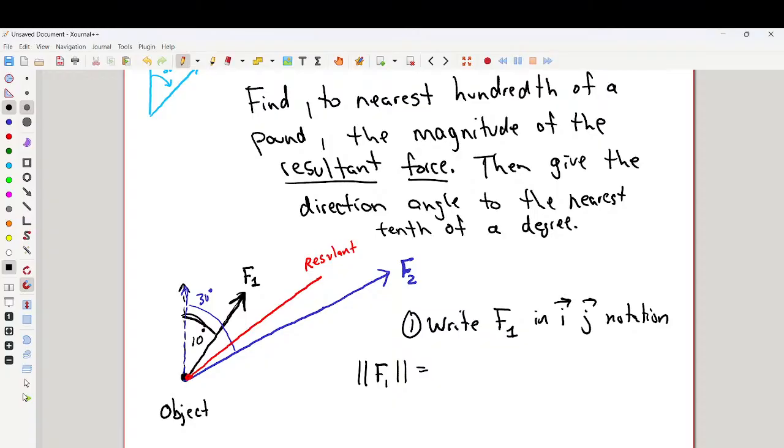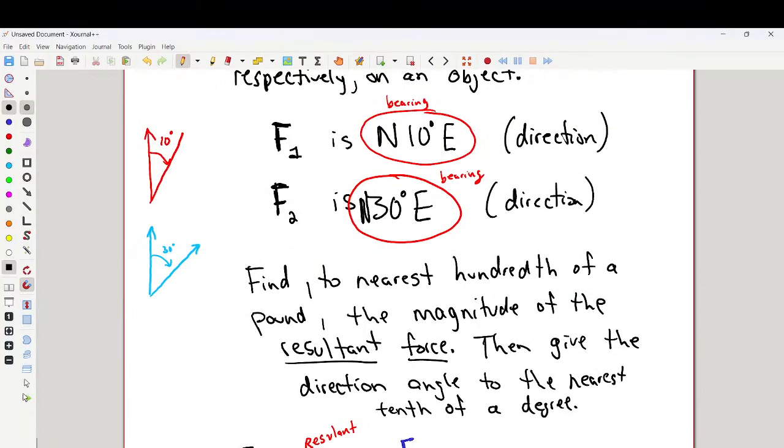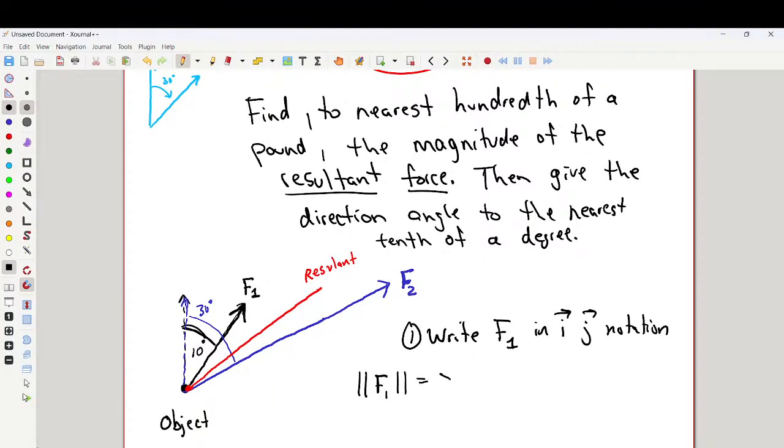We already know what this is. Hang on, I got sidetracked for a minute. If the forces were equal, yeah, sure, but they're not. So no.